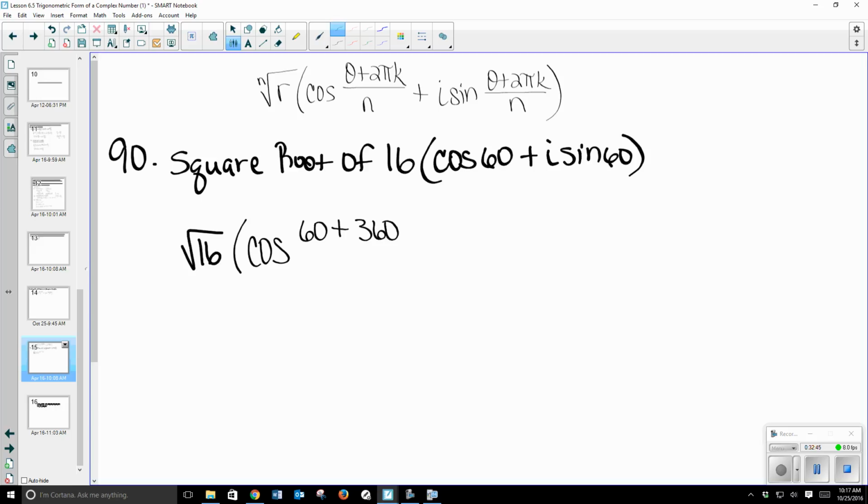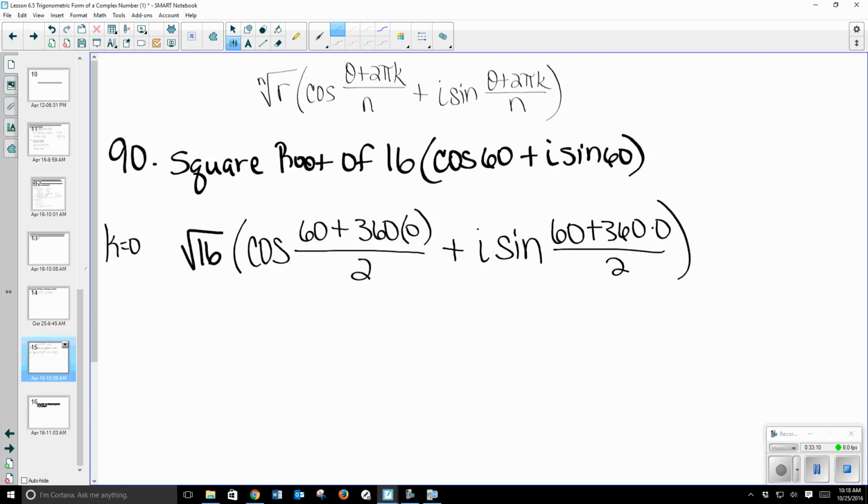Plus 360 times, here let's let k equal 0, times 0 over n, which is, what's n if I'm taking the square root? 2. Plus i sine of 60 plus 360 times 0 over 2. So that would be 4.